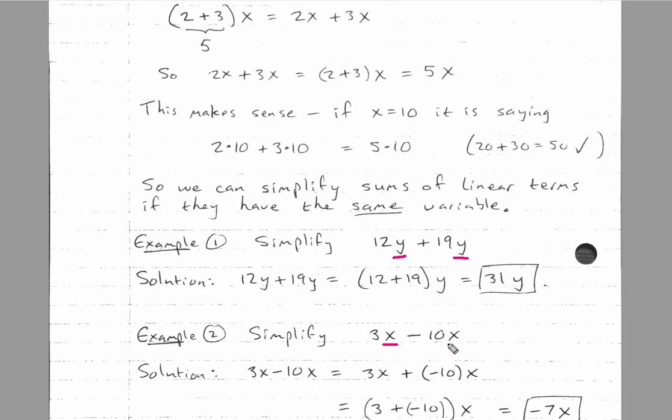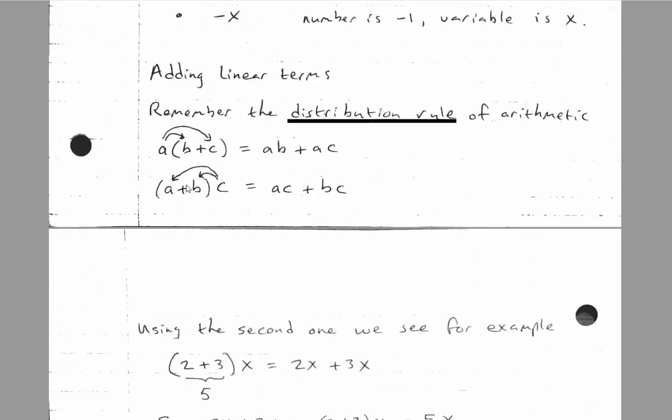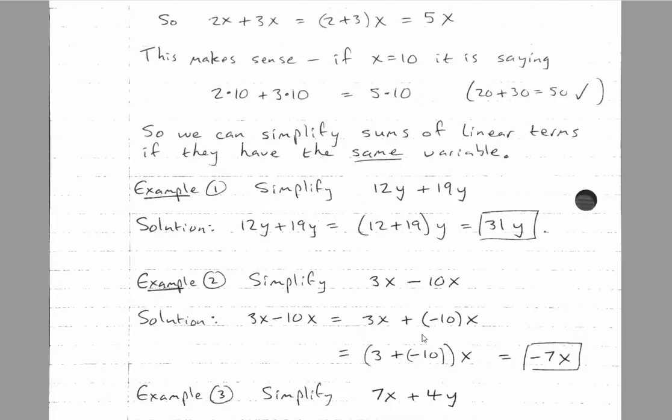Example 2, we're back to x's. 3x minus 10x. So here we have these two linear terms. We have a 3x and a minus 10x, and if we want to use our distribution rule, which is for addition, just think of this in terms of addition. It's 3x plus negative 10x.